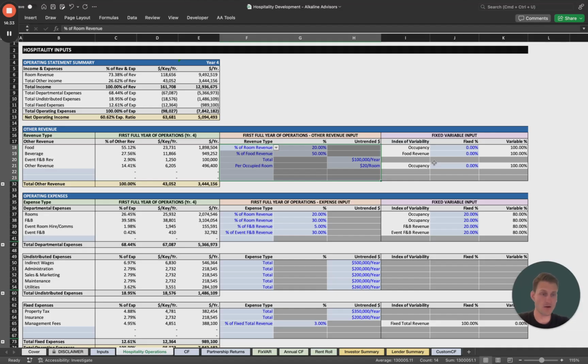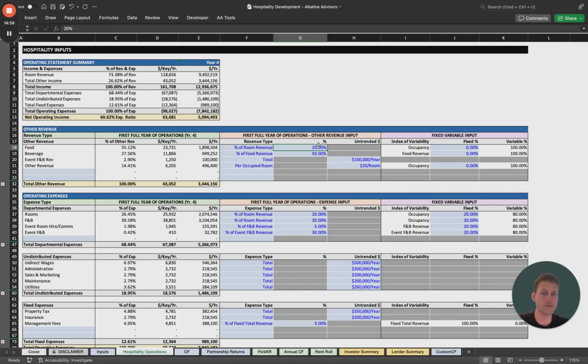Once we have that information, we then use that information as a baseline to determine what the figures would be in the years thereafter. So when looking at revenue type, we have the drop down to determine how we're calculating that revenue type. So we have in these examples, food, beverage, event, F&B, and then other revenue. So to start, you can calculate the revenue type food by saying it's going to be a factor of either a percent of room revenue.